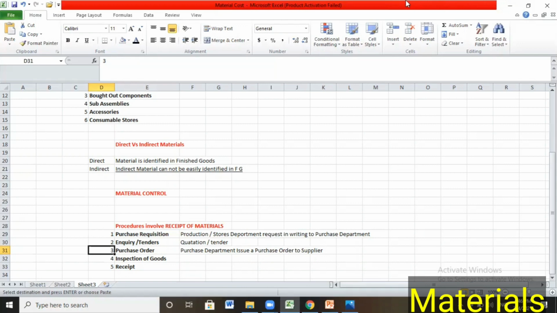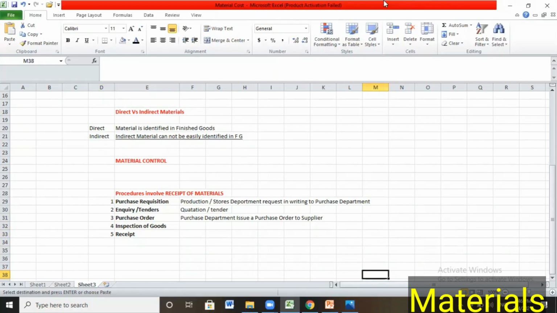As and when the material is received, it is the responsibility of stores to protect, take care of, or guard that material, because it has already been inspected and there is no problem in that.